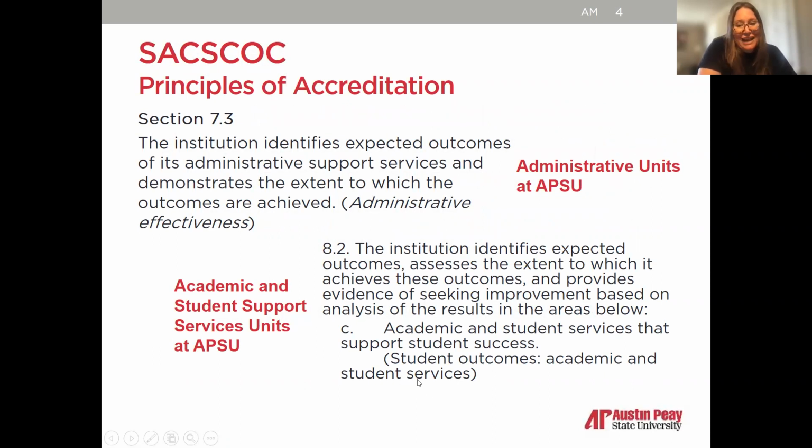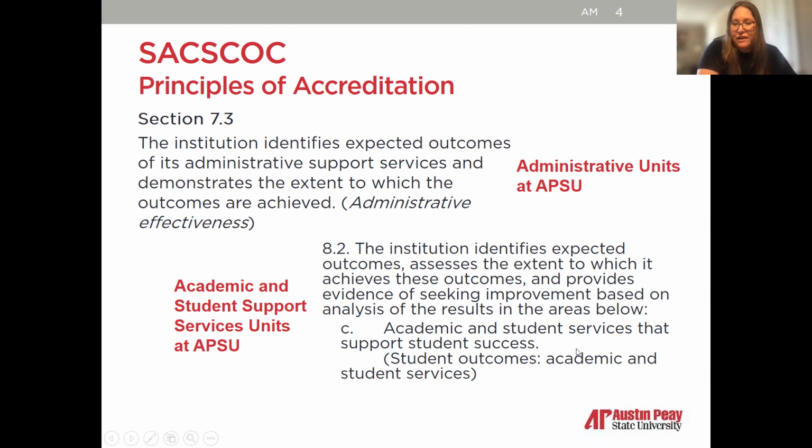So I did mention SACs. We can't really talk about IE without talking about SAC-COC. So there are two sections that we focus on for IE. 7.3 is the one that focuses on administrative units. And then 8.2c focuses on academic and student support services units. So I think today with our attendees, we have actually both of these represented.